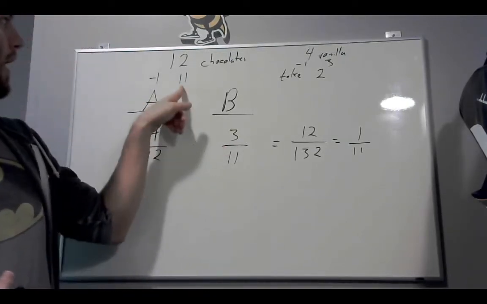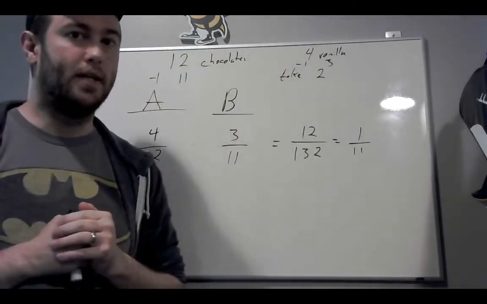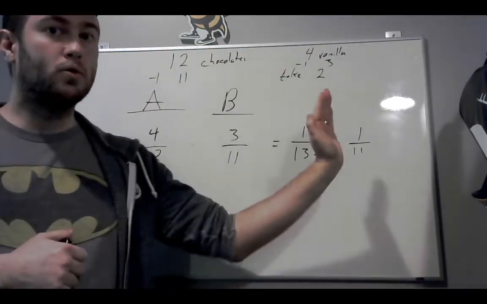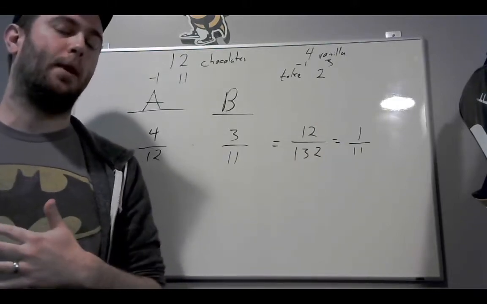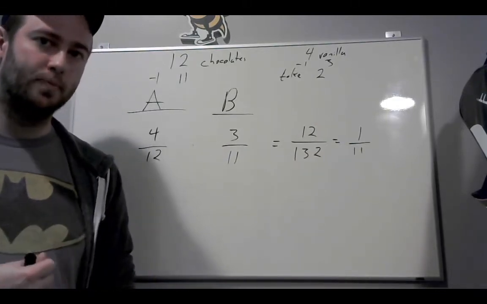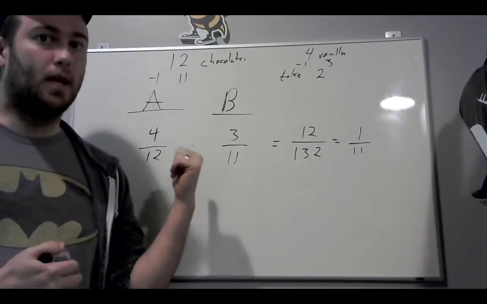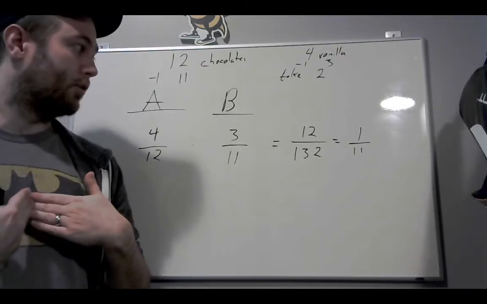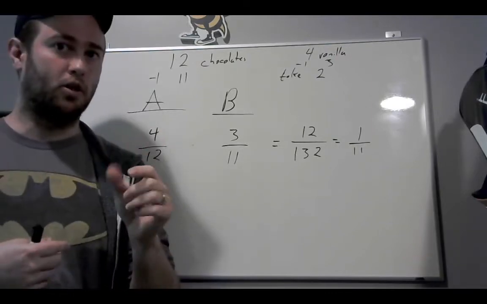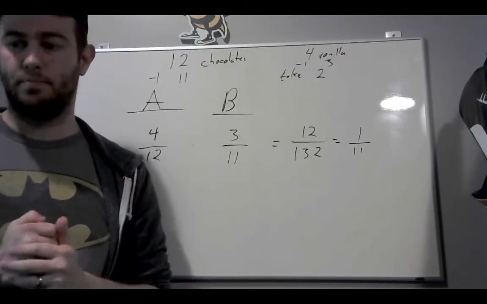So now I only have 11 total chocolates and only 3 vanilla. So I can then just multiply those fractions together and I get the same exact outcome that we did when we were doing our choose. So this is probably a lot easier to wrap your head around, but know that you can also do the choose method, which is maybe a little bit quicker if you wrap your head around it.